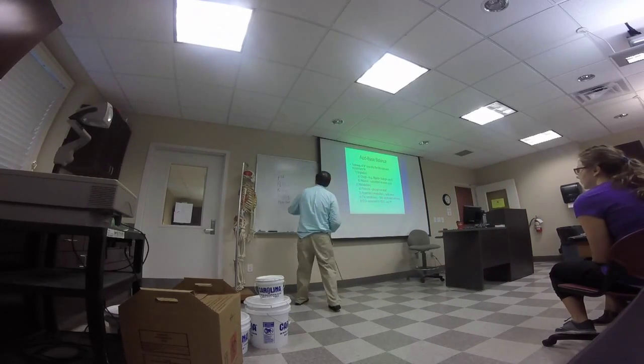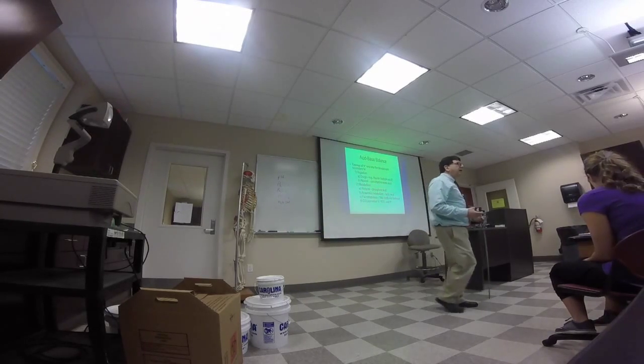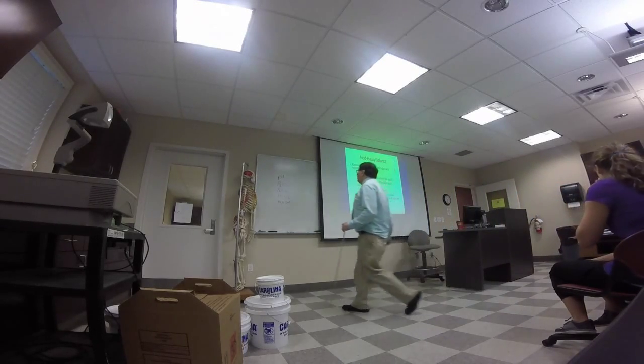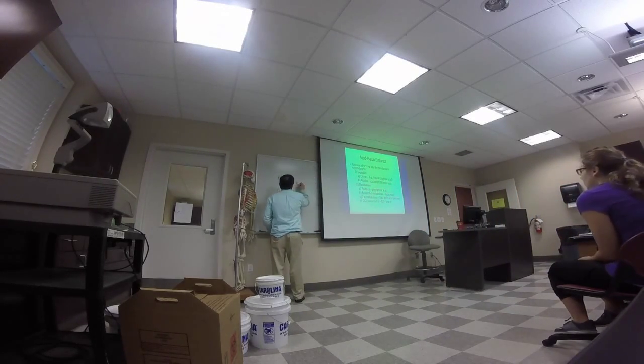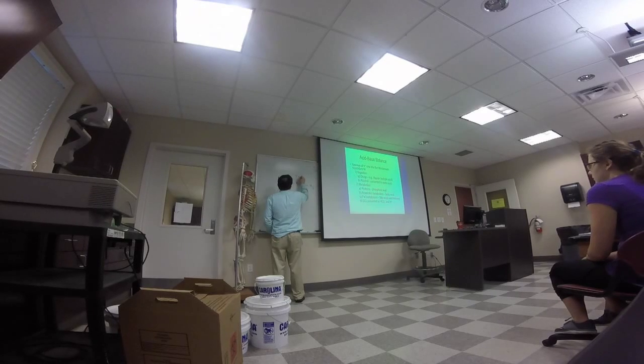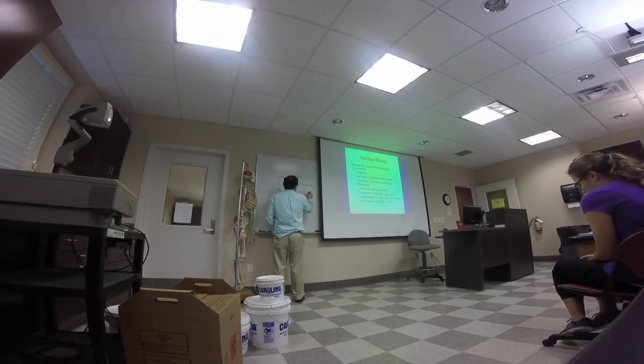Again, a normal value for pH is 7.35 to 7.45. If you had to hang your hat on any number, it would be 7.4. For PCO2, your normal values are 35 to 45 millimeters of mercury. The number right in the middle is 40. PO2, 80 to 100 millimeters of mercury.